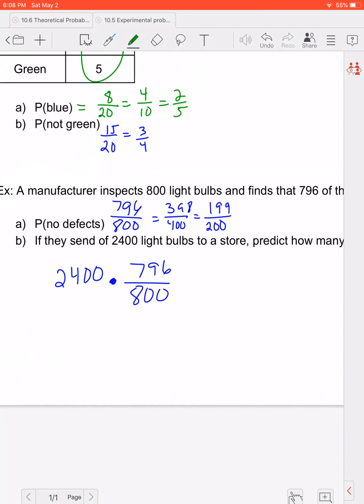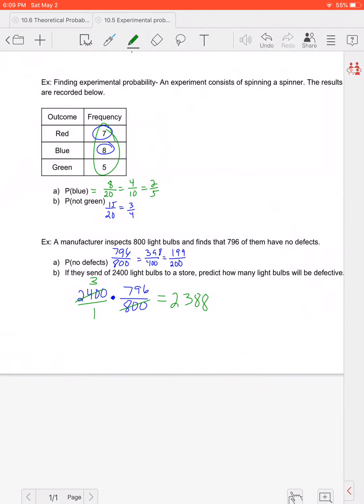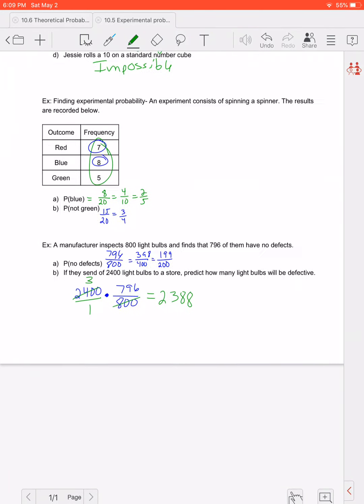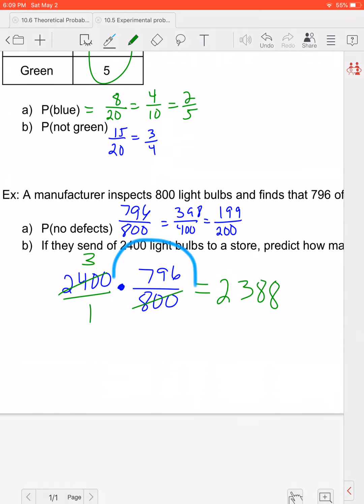So if we didn't reduce, and this is over 1 and we're multiplying, I would cross reduce. So I would say 800 goes into 2400 3 times. And 796 times 3 would be 2,388. And they want to know how many bulbs will be defective. So we do really want to use this fraction because it's talking about the whole package.